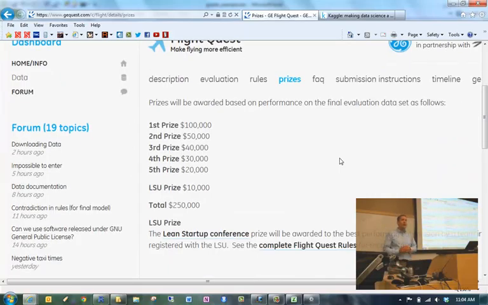They're going to pay $100,000 for the best model. I don't know if those prize dollar values are always used, but throughout Kaggle, these are competitions where you can make money, and people actually do this for a living.